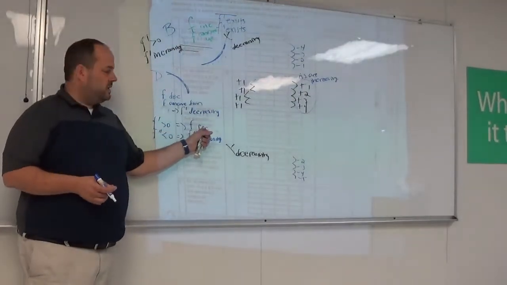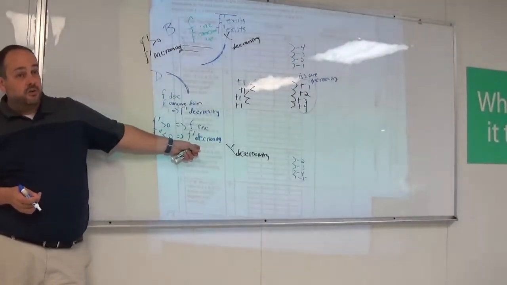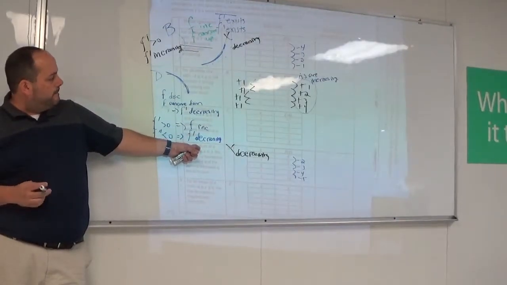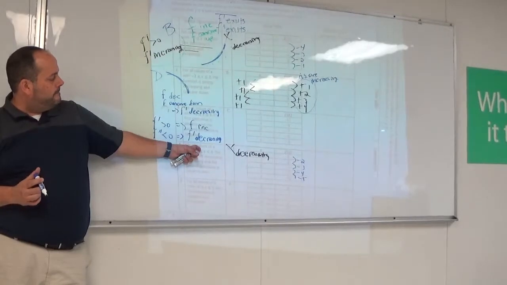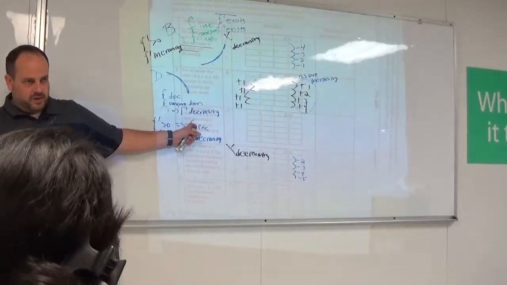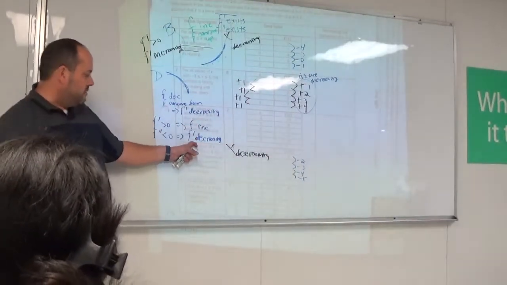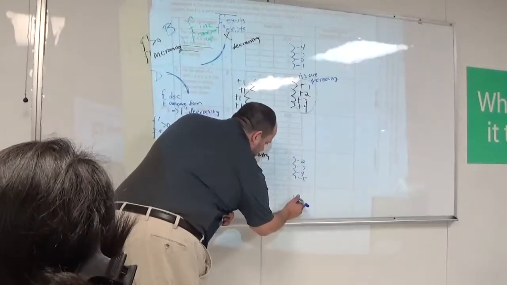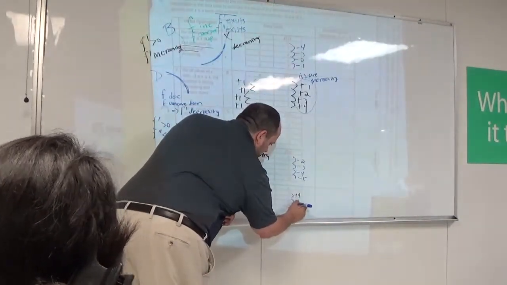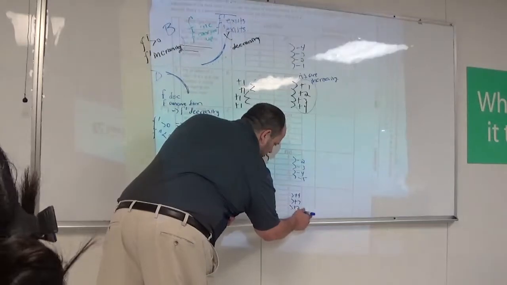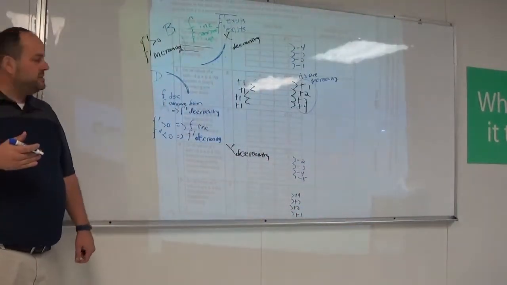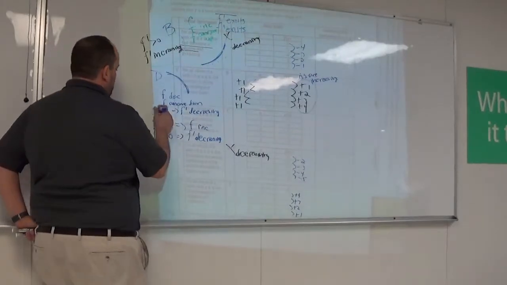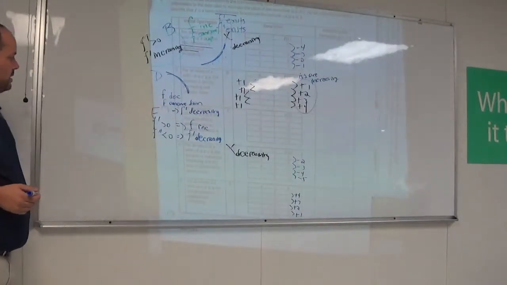Which one? Y values are increasing, changes are decreasing. And if I look at those changes, increase by 4, by 3, by 2, by 1, I'm increasing by less every single time. So that is going to be E.